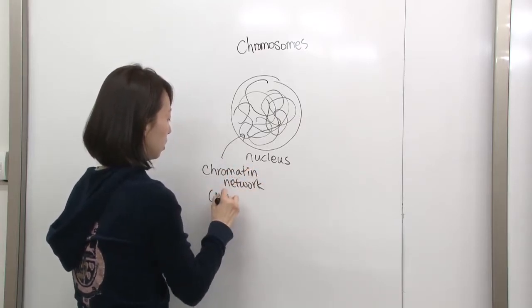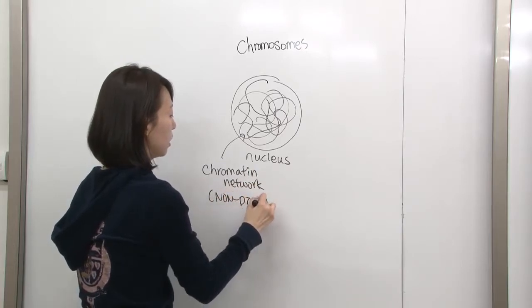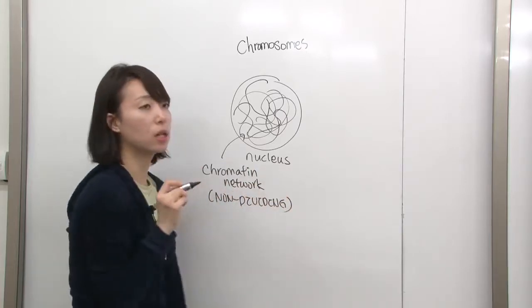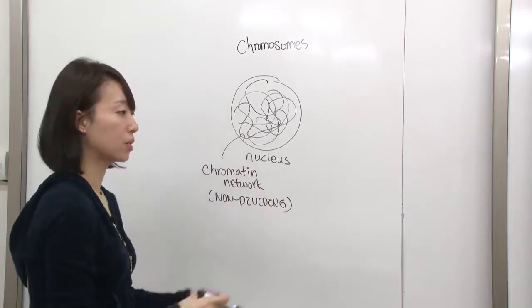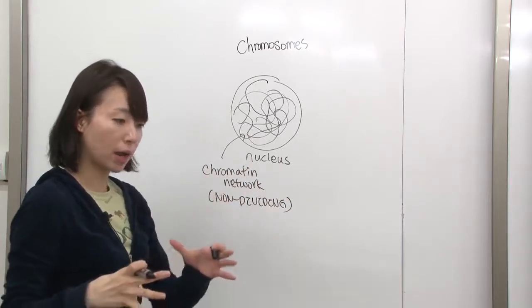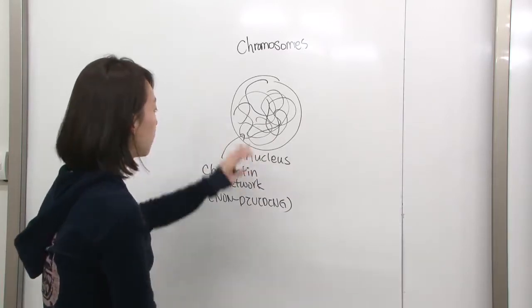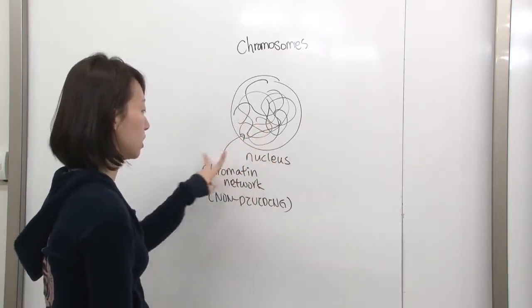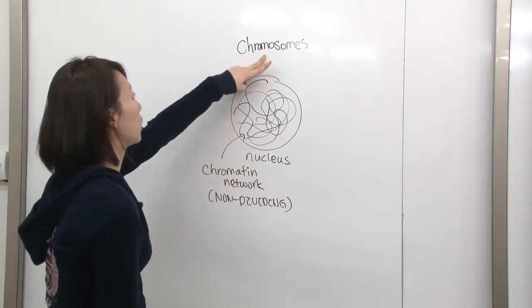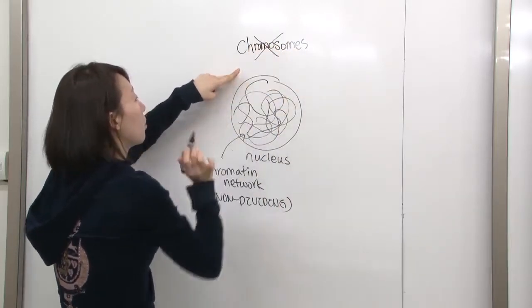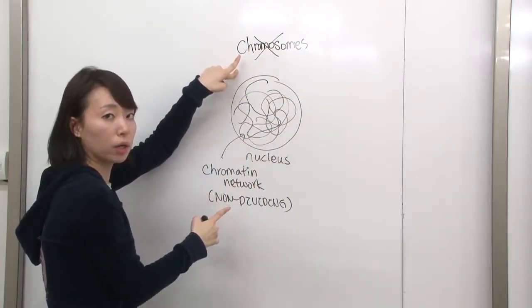Note that the cell is not always dividing. It has a cycle where it is dividing at some point, and after that, it's not dividing. If the cell is at a stage where it's not dividing, then you don't see any chromosomes, only the chromatin network.